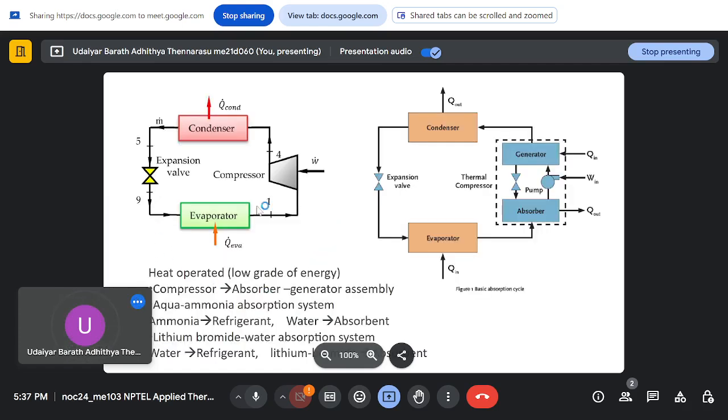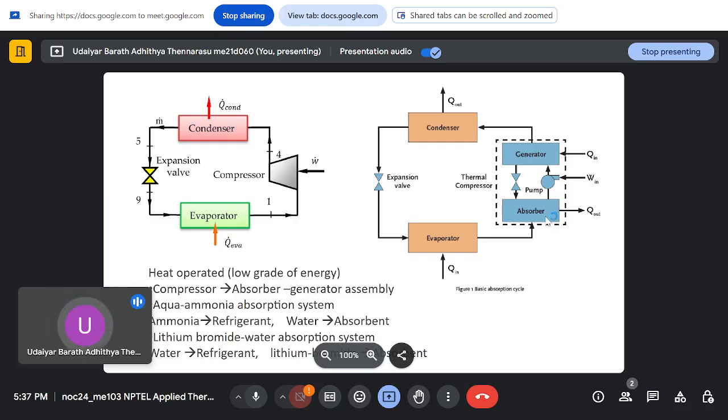If you are replacing that with a thermal compressor, this is how a thermal compressor looks. In this case, you have an absorber, pump, generator, and a valve. The fluid which is coming out of the evaporator gets absorbed in an absorbent, which is pumped by the pump to a generator.